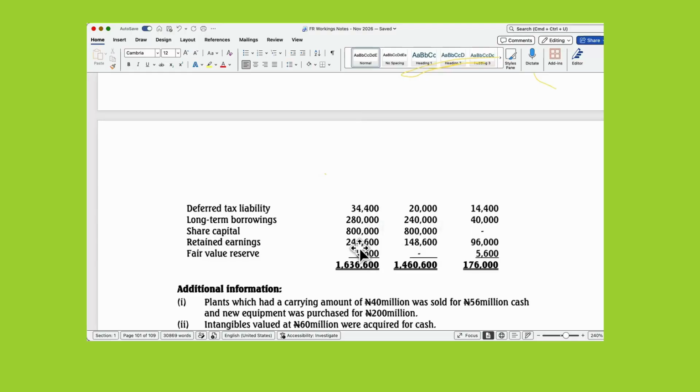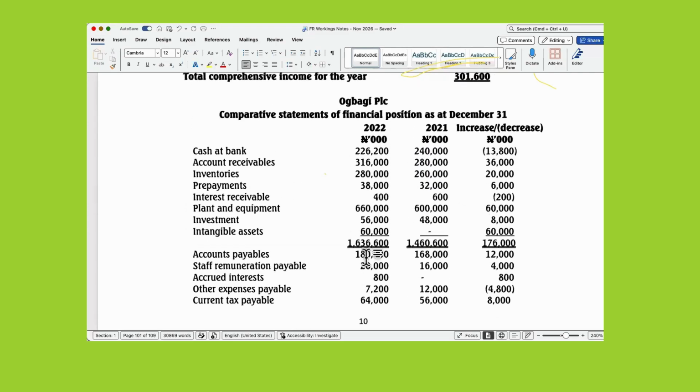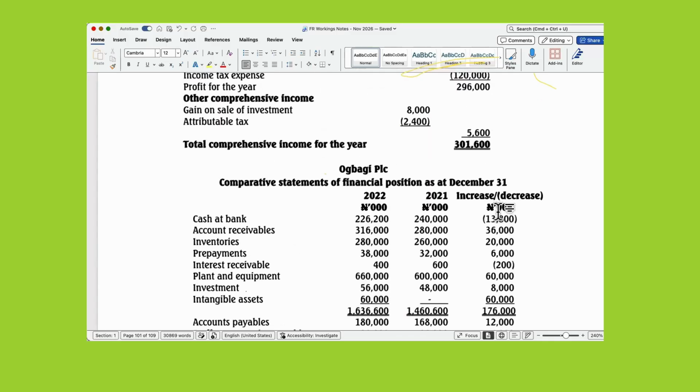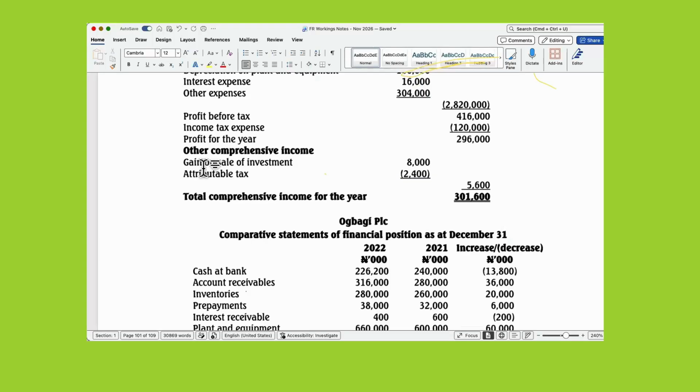I'm just trying to look at this fair value reserve here of 5.6. I'm trying to look at what it relates to. And the reason I'm even looking at that is this investment of 8,000. There is a gain on sale of investments here.